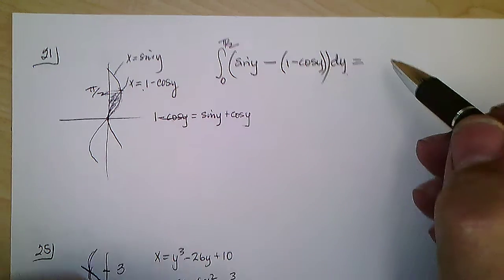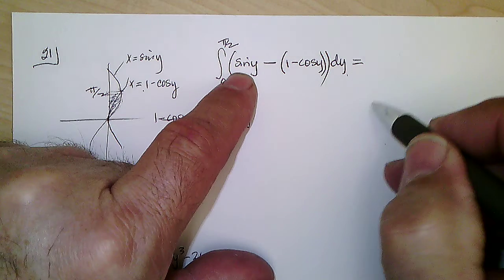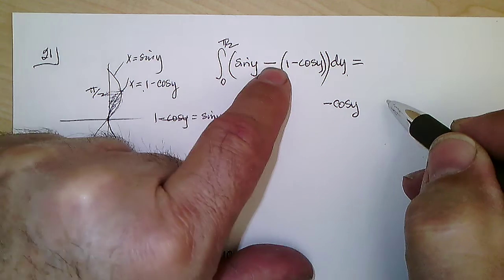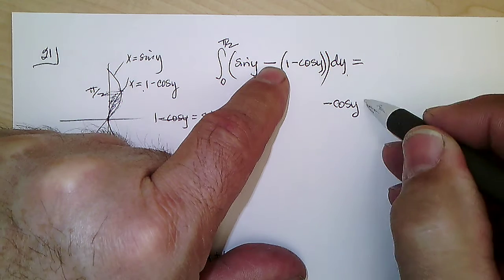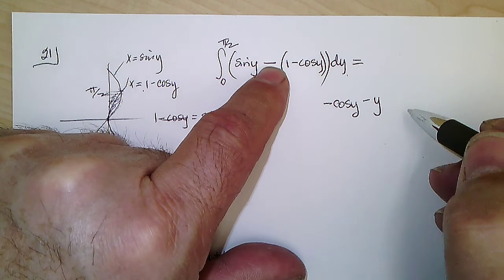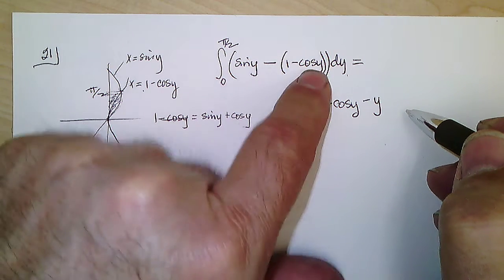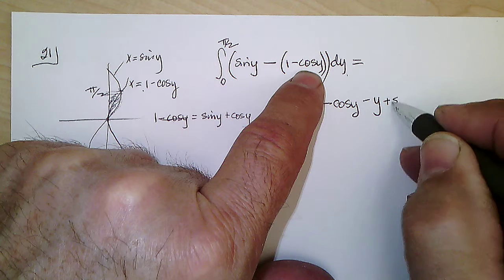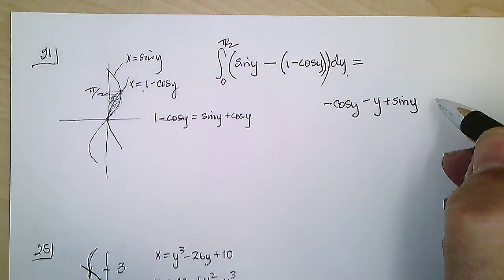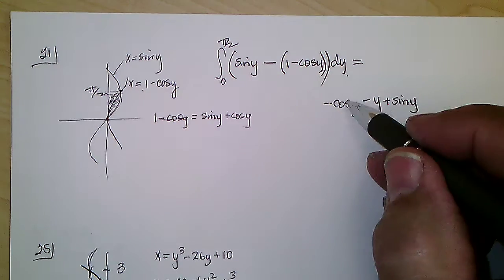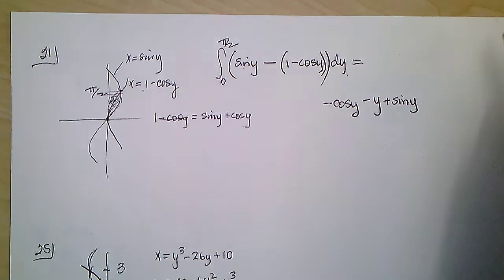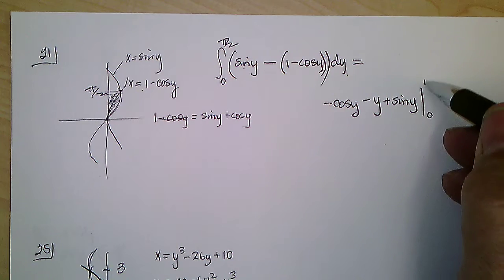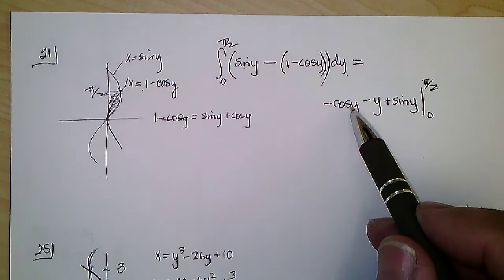So the integral of sine is negative cosine y. The integral of negative 1 is minus y. And the integral of plus cosine y is plus sine y. Derivative of sine is cosine. Derivative of negative cosine is positive sine. Evaluate from 0 to pi over 2.